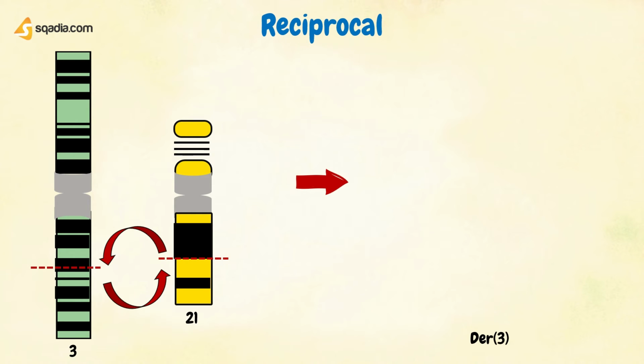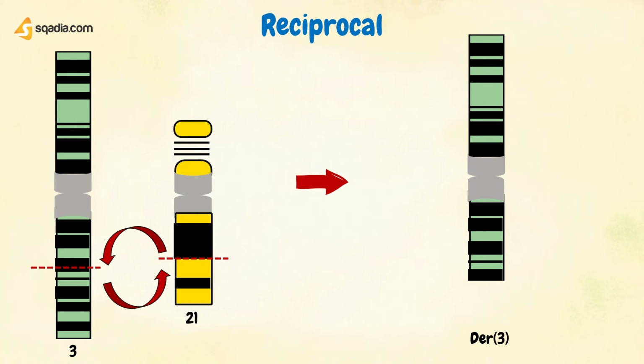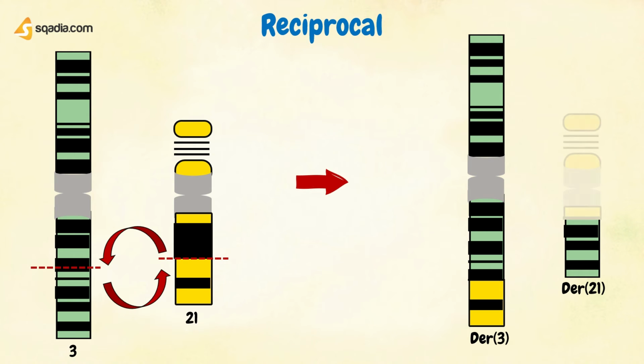Derivative chromosome 3 is formed as a result of binding the long side of chromosome 3 and short side of chromosome 21, whereas derivative chromosome 21 is formed as a result of binding the short side of chromosome 3 and long side of chromosome 21.